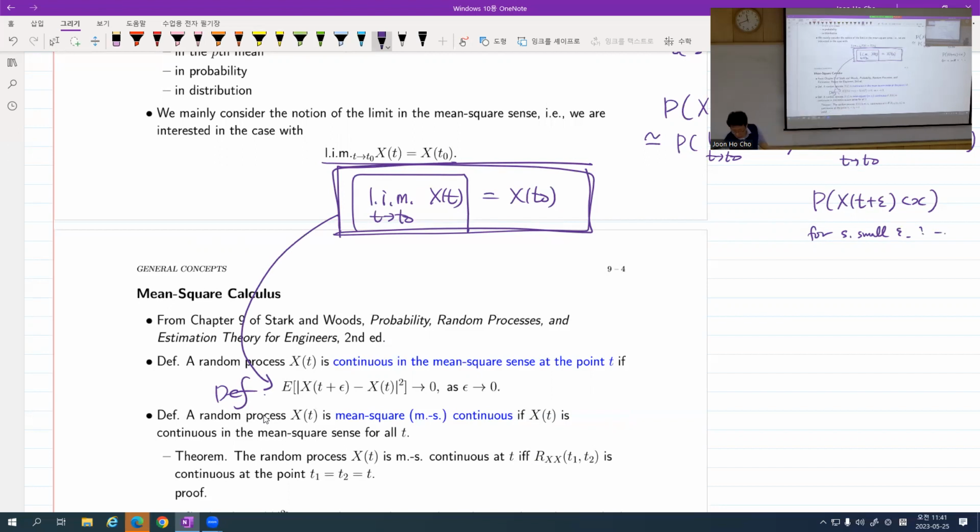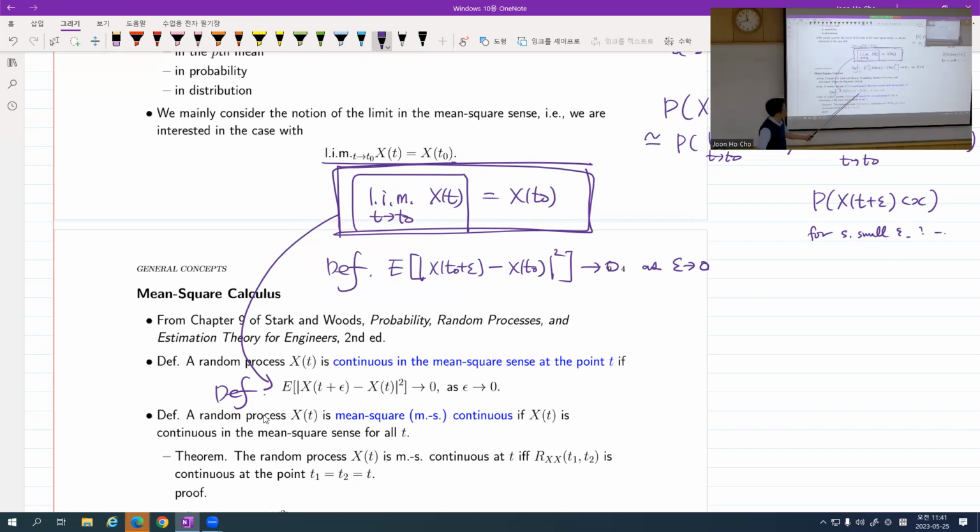So precisely speaking, you have to write it this way: the expectation of x of t0 plus epsilon minus x of t0, the mean squared error, tends to 0 as epsilon tends to 0. This is the definition of x being mean square continuous at t0.